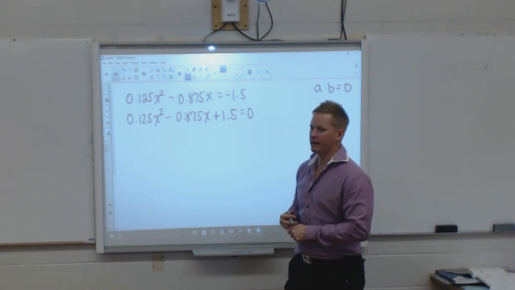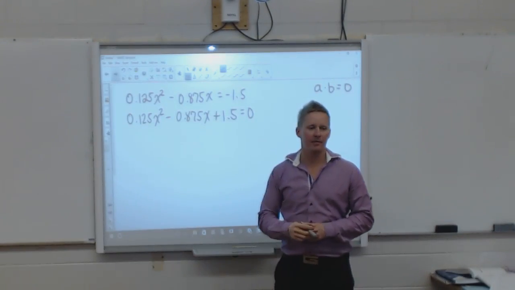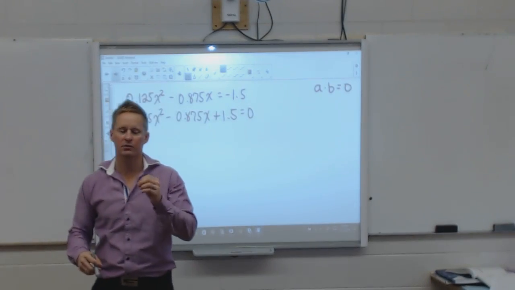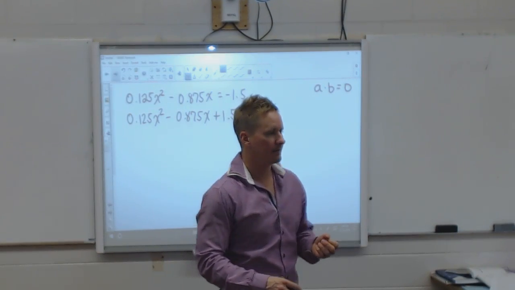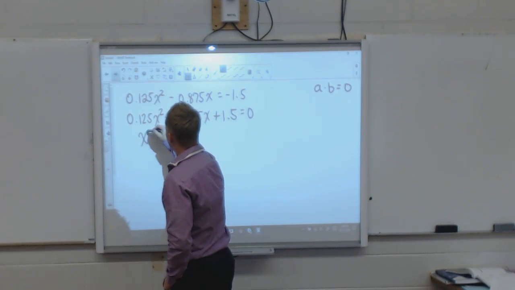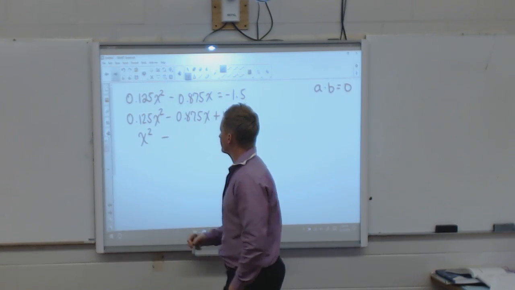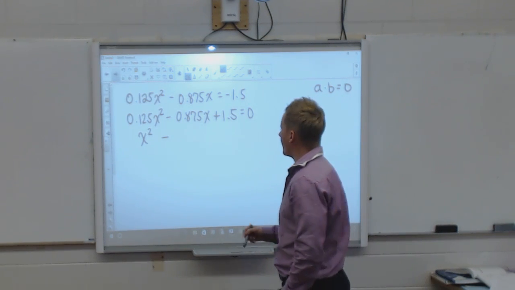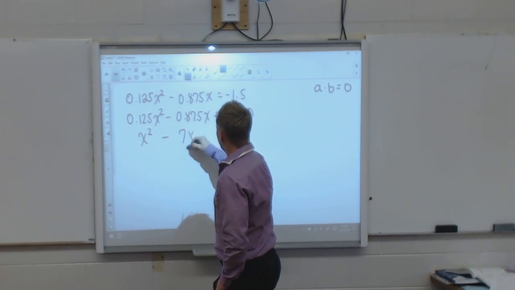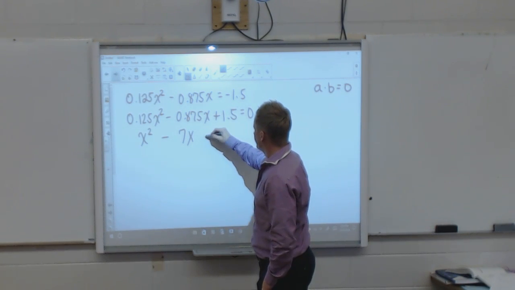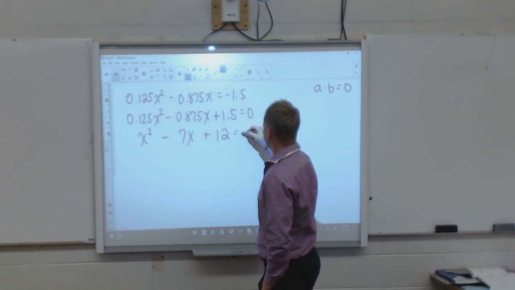So what I'm going to do is divide everything by the A value, because it's easier to factor questions if A is equal to 1. So I'm going to divide everything by 0.125. That gives me x squared minus 7x, and then plus 12 is equal to 0.